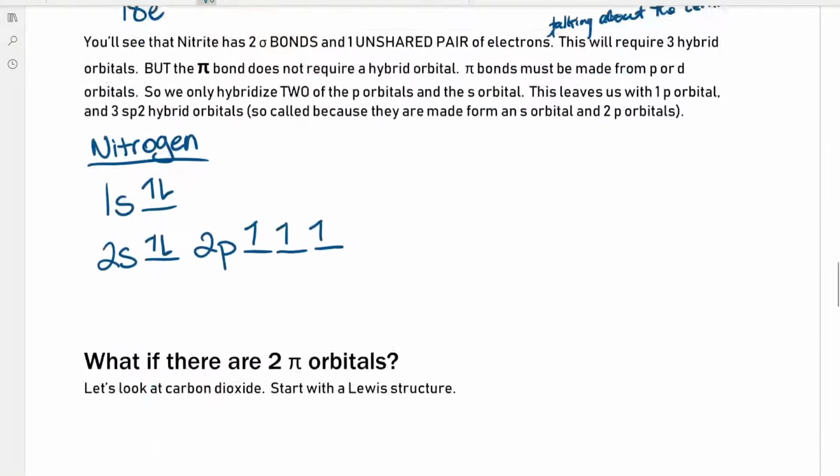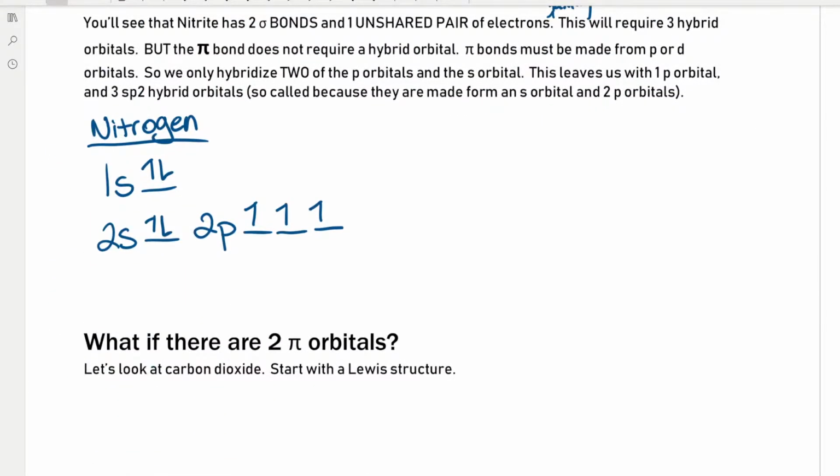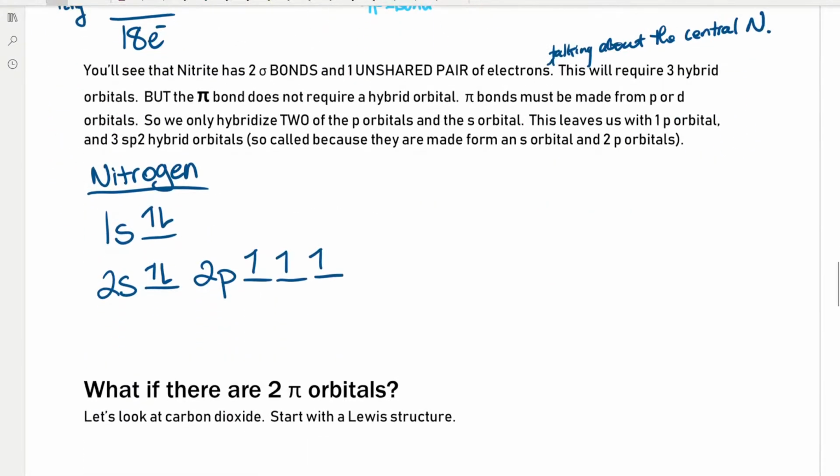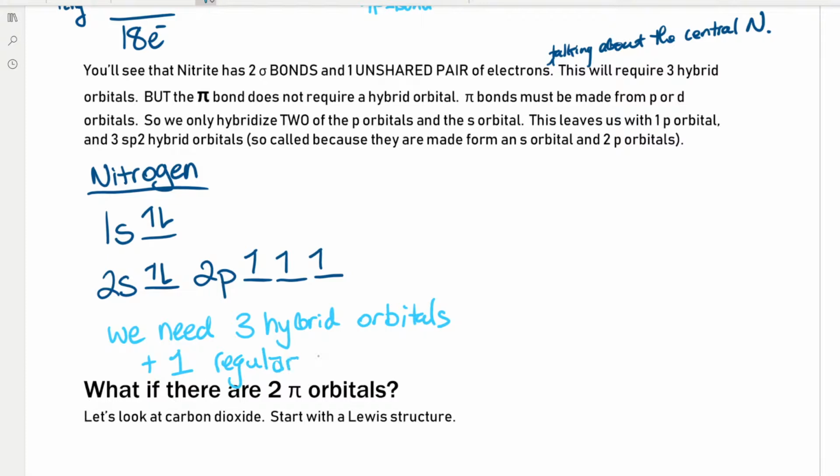Which means when we go to make this, we're going to need 3 hybrid orbitals and 1 regular p orbital. Three hybrid orbitals and 1 regular p orbital.